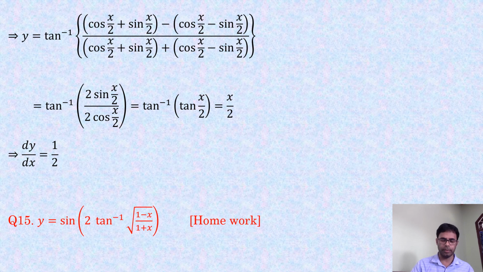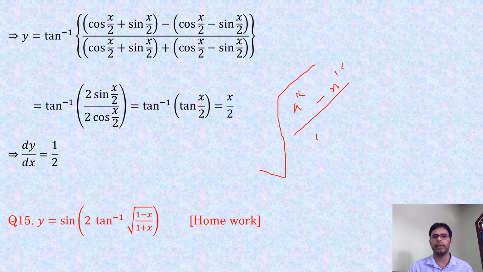We have a theory discussed in the previous class that root over of a power k minus x power k divided by a power k plus x power k, in this case you should take x power k is equal to a power k cos 2 theta.